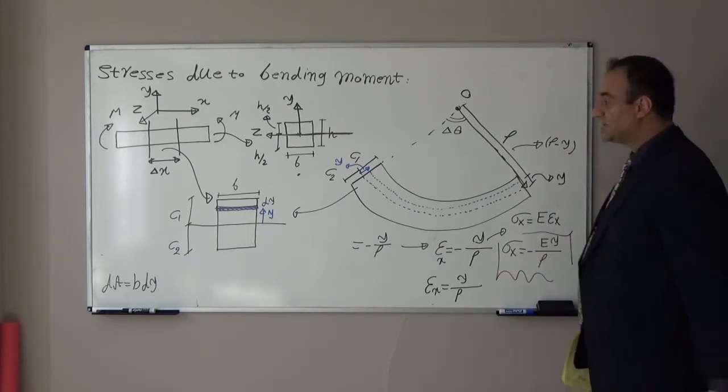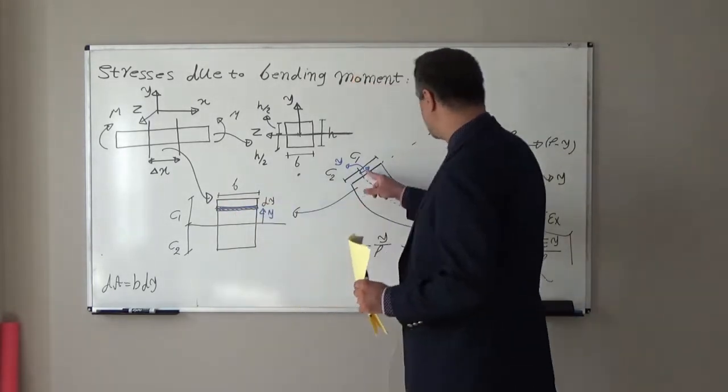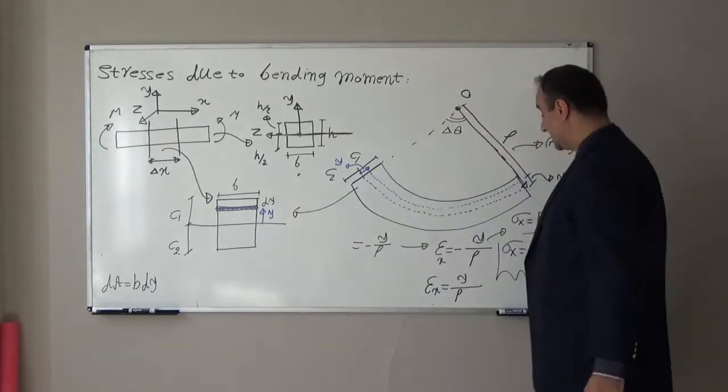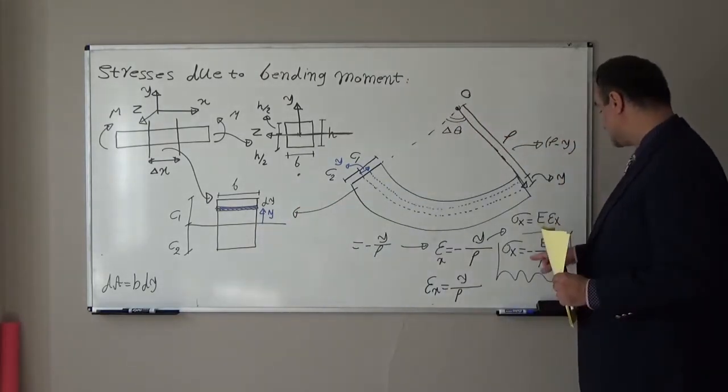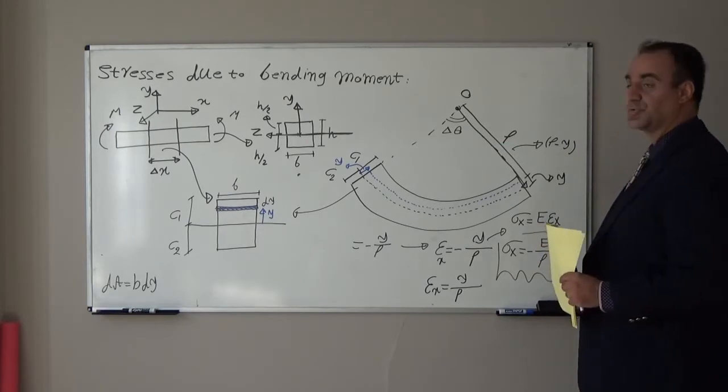So at the location of this fiber, which I show in blue in the side view and here in the cross section, the stress is negative E times y over rho.